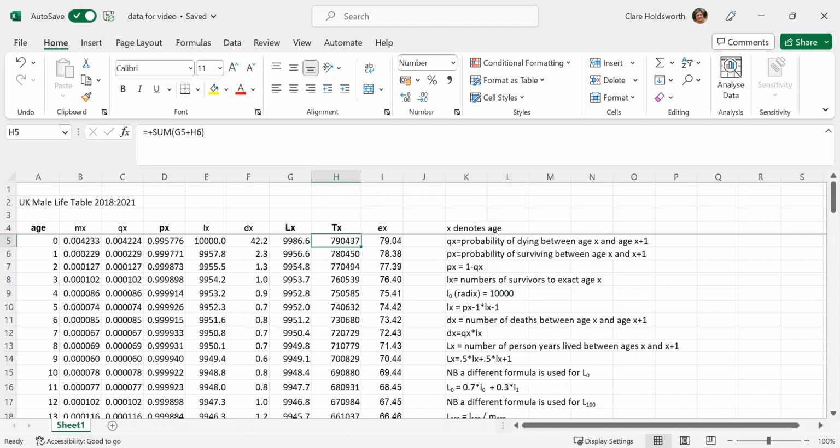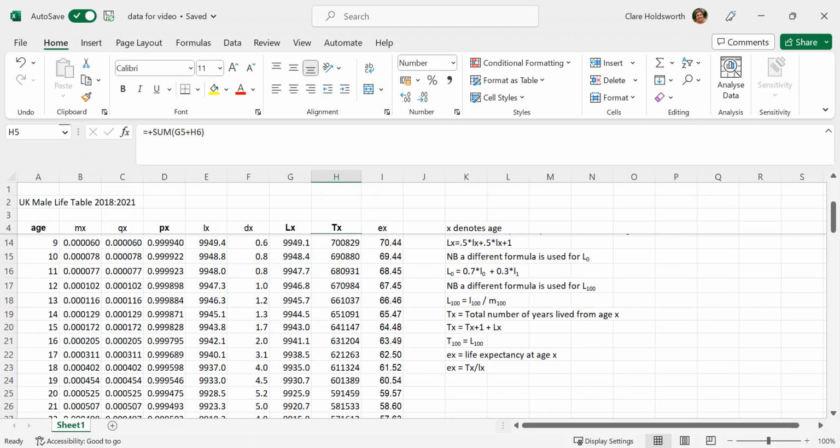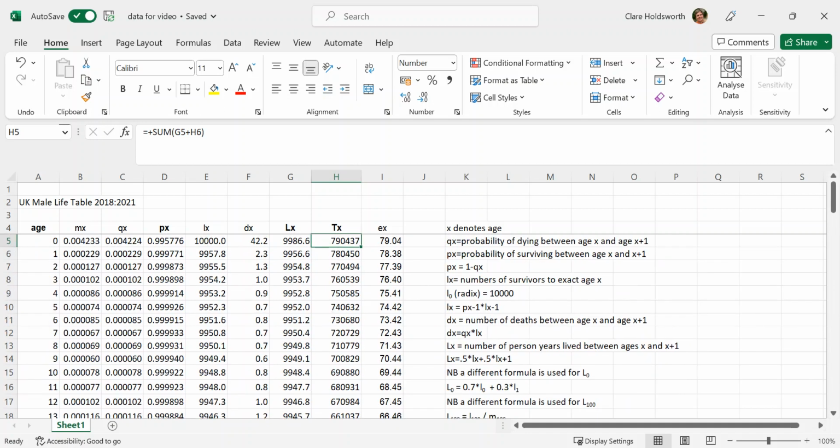And it's simply the cumulative sum of all of these big LXs. So if I sum all of these LXs from 0 to 100, that's the value for T0.